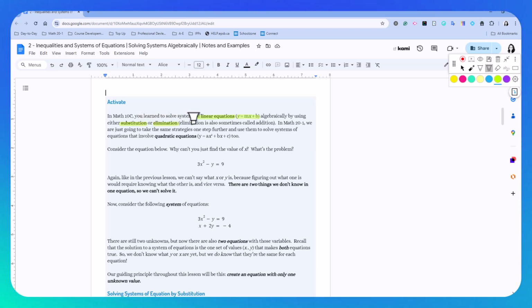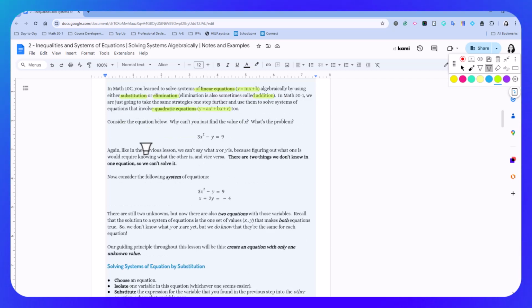Elimination is sometimes called addition. Now, we are going to be looking at these two strategies in Math 20-1, but these are going to involve the quadratic equations, and as we all know, those are equations of the form y equals ax squared plus bx plus c.